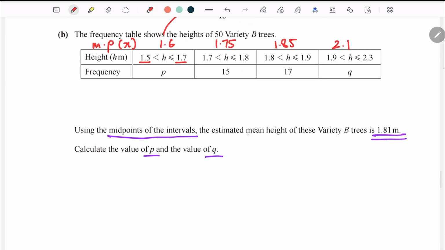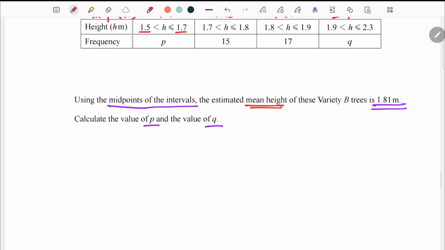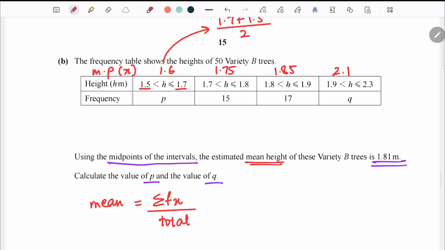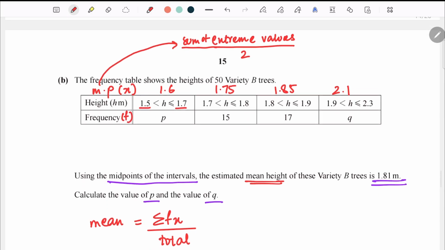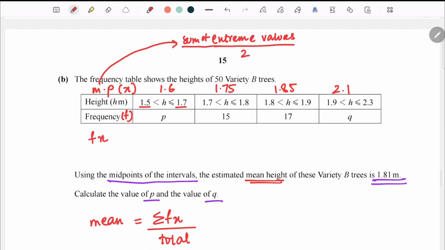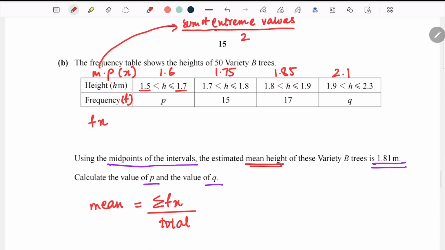Then it's giving the mean height. The formula for mean is sigma fx, which means the sum of fx, divided by the total. The total given in the question is 50. So f is frequency. We have to find fx. Fx will basically be f multiplied by x, that is the midpoint.